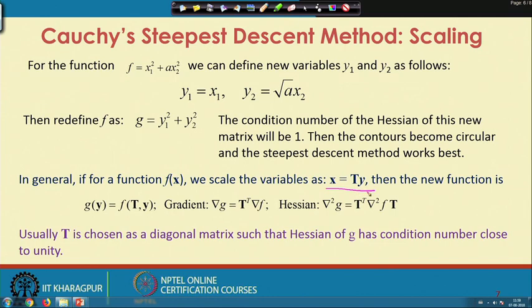So, in terms of the new variable y, I can scale the variables as x equal to T y, where I have to choose T as a diagonal matrix.